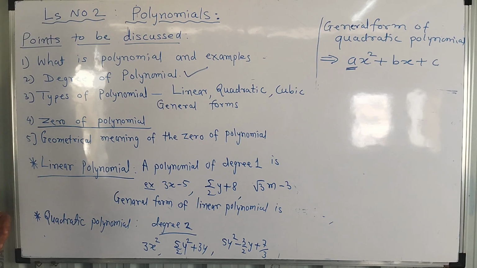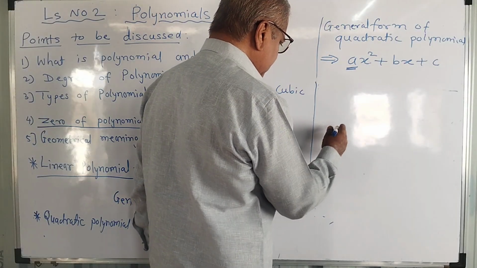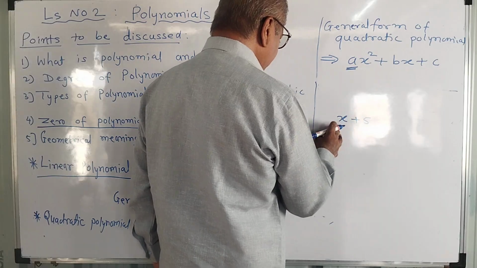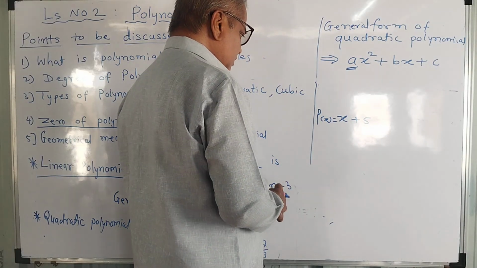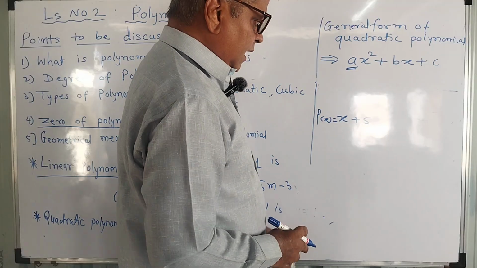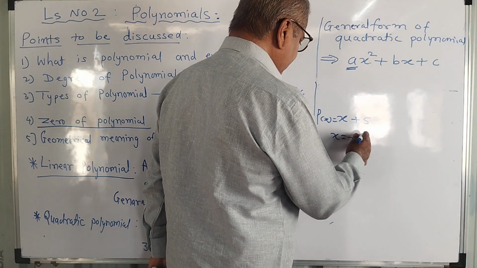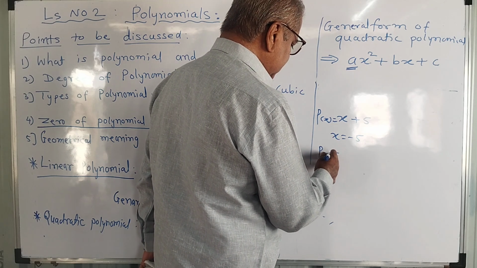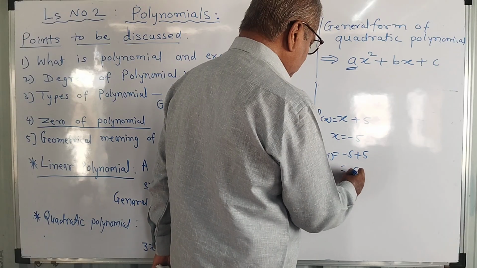If you take any linear polynomial, suppose x plus 5, if this is a polynomial p of x having degree 1, it is a linear polynomial. And if you take x equals minus 5, the value of polynomial p of minus 5 becomes minus 5 plus 5, which is equal to 0.